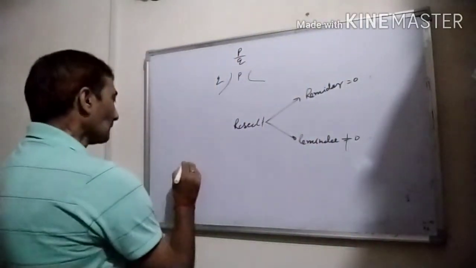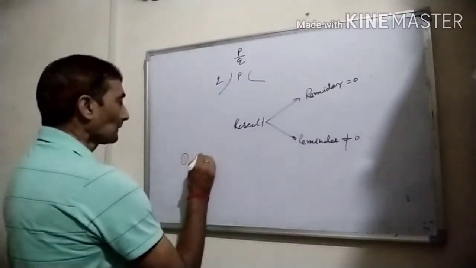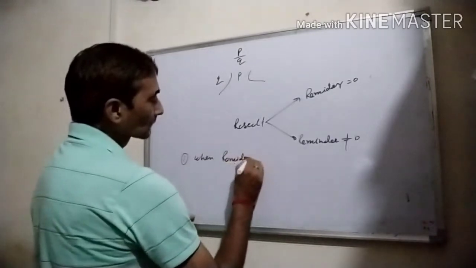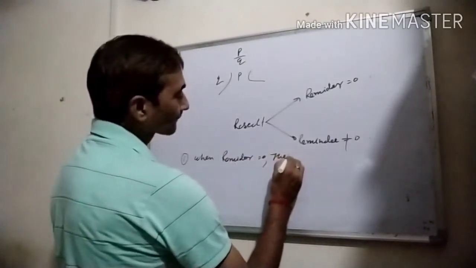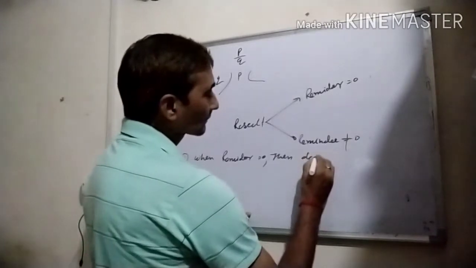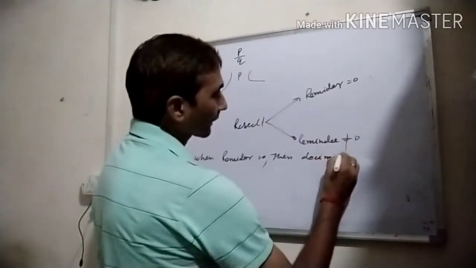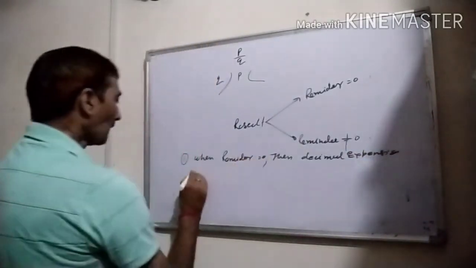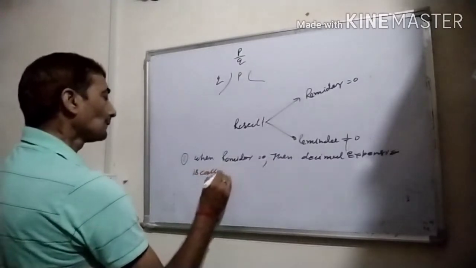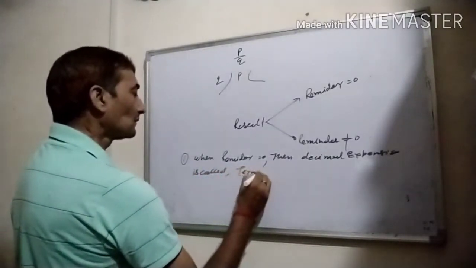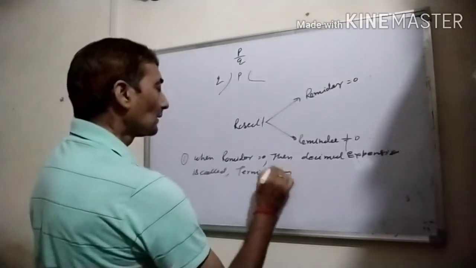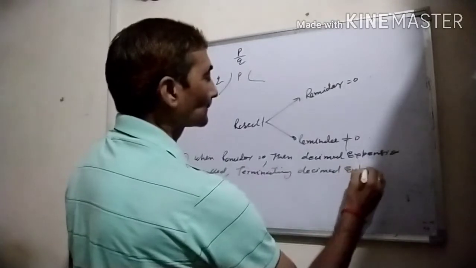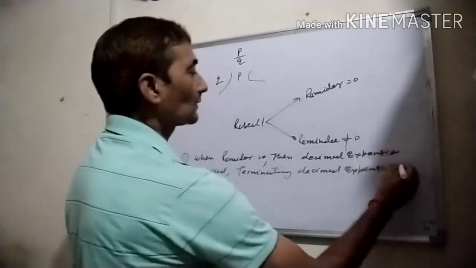I noted first, when the remainder is 0, then the decimal expansion is called terminating decimal expansion.